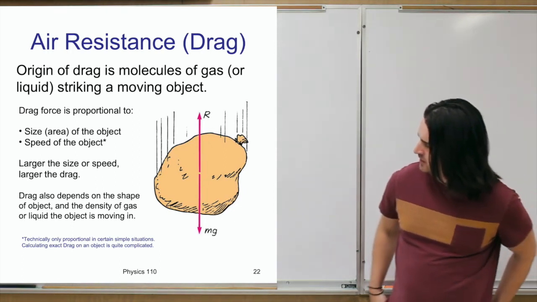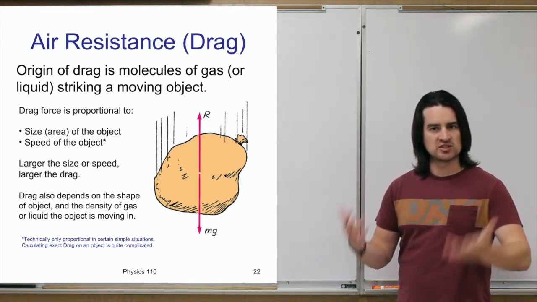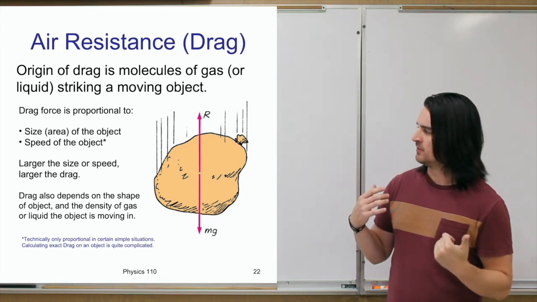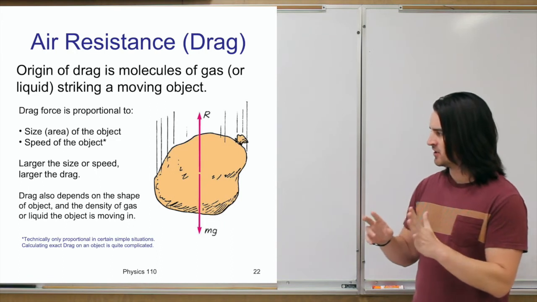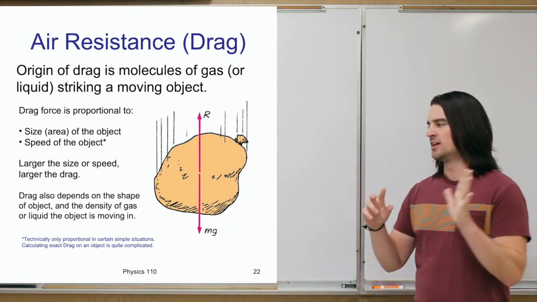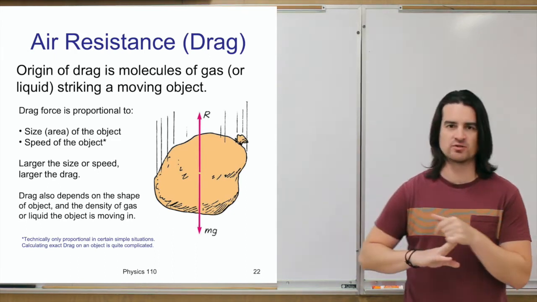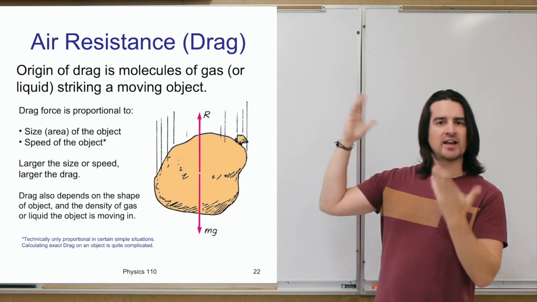Again, drag, because it is a kind of friction, can be very complicated. It depends on the actual shape of the object, and how dense the gas or the liquid is that the object's moving through. So air resistance is actually just drag in air.